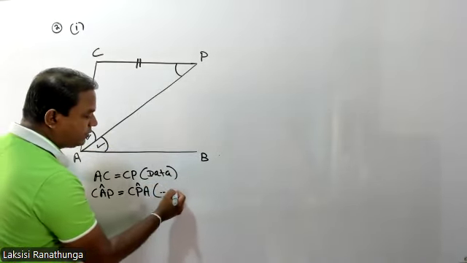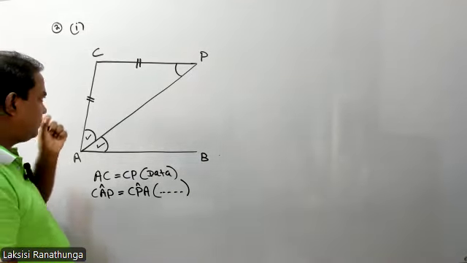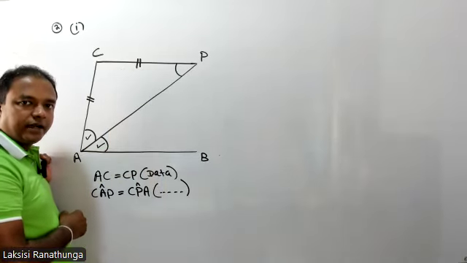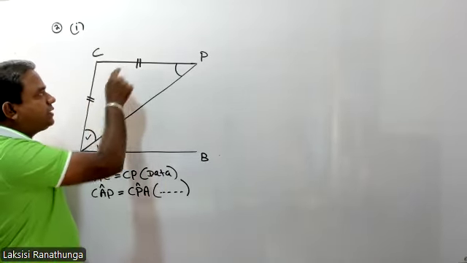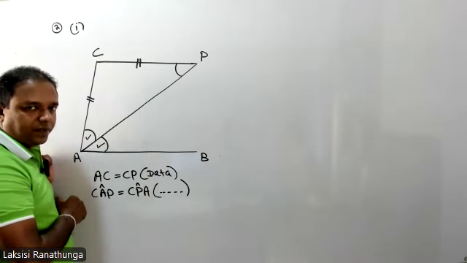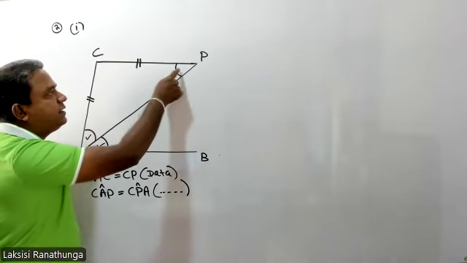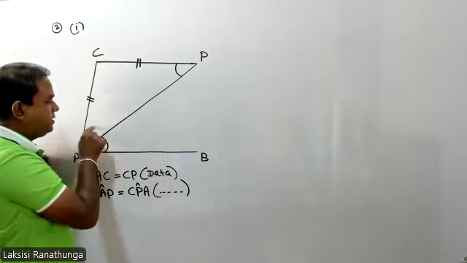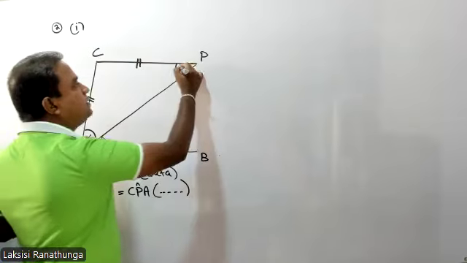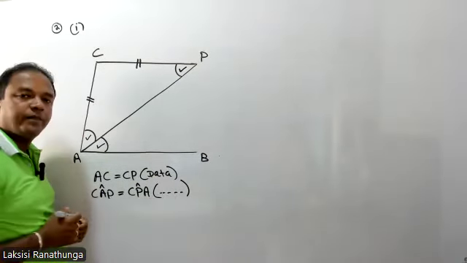Reason: you have to write the reason here. What is the reason? The theorem: if two sides of a triangle are equal, the angles opposite to the equal sides are equal. You have to write the theorem as a reason here.